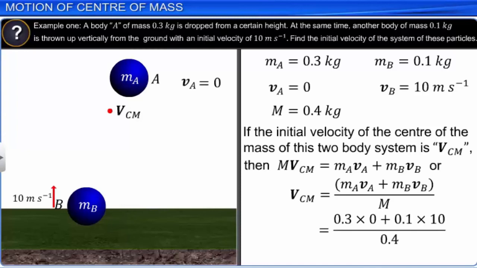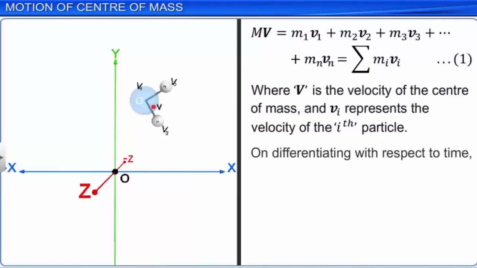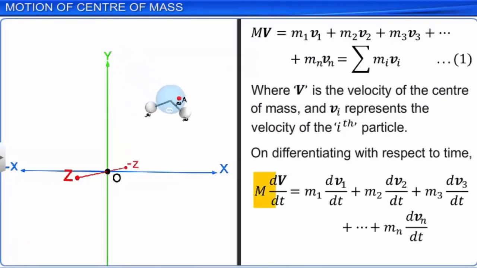On differentiating equation 1 with respect to time, m dv by dt is equal to m1 into dv1 by dt plus m2 into dv2 by dt plus m3 into dv3 by dt and so on, plus mn into dvn by dt.